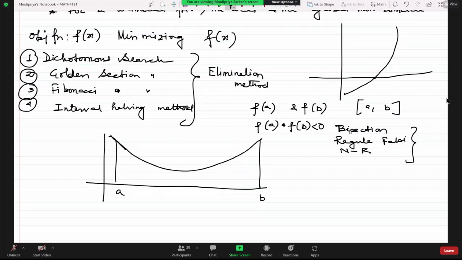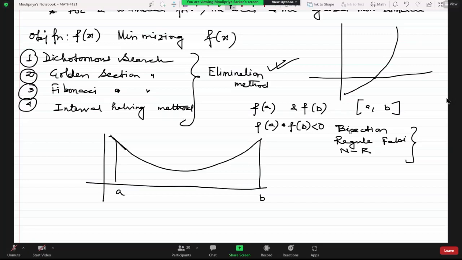Here we use the elimination method so that we gradually shrink the interval until it becomes so small that it almost coincides with the point at which the function is minimized. That would depend upon the accuracy given to us. Am I being able to explain myself, or do you want me to tell it once more?